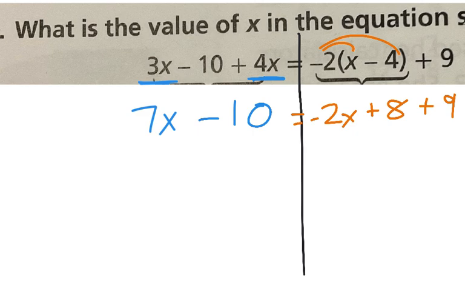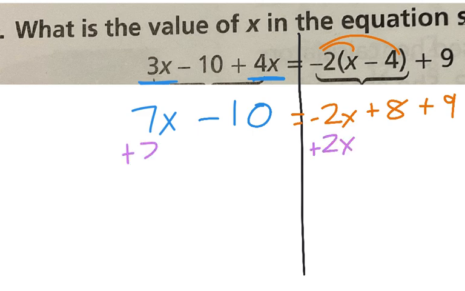Now the next thing I want to do, because I have variables on both sides, I want to get every term with a variable to the left, every term without a variable to the right. So this term needs to be over here. So how could I get negative 2x to the other side? You can plus 2x. Yeah.